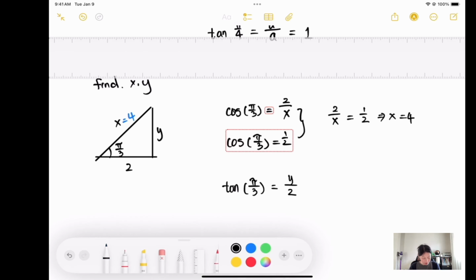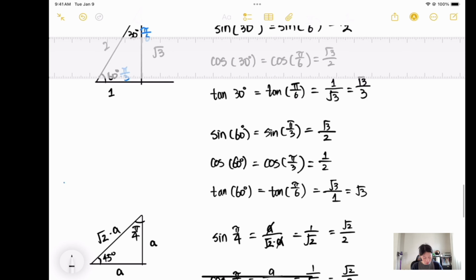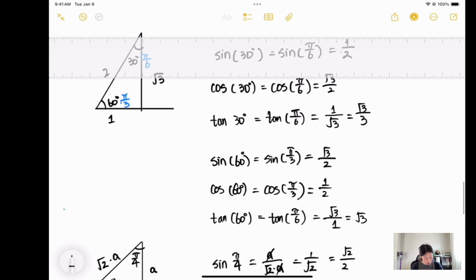Second one, tangent pi over 3, which is tangent 60 degrees. In the previous exercise, we know that tangent pi over 3 is equal to the square root of 3.